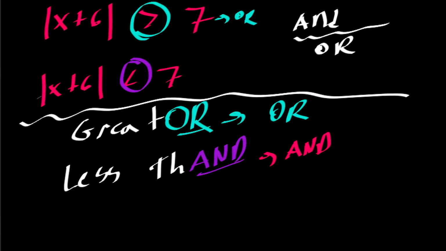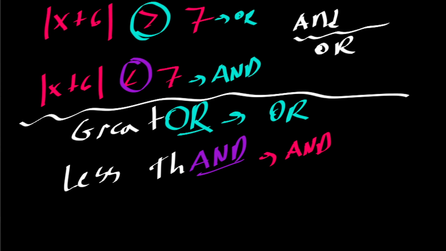So this second example, with a less than sign, tells me that this is an and. Then you can set up both of your inequalities by knowing that. There's more steps than that, but in a general sense, that's how you tell the difference between an or inequality and an and inequality.